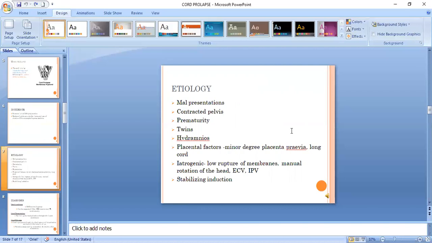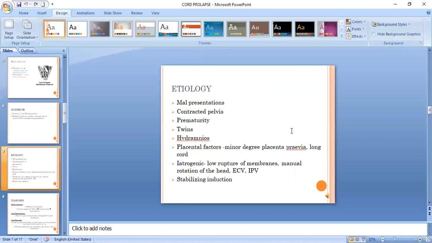Version means we are changing the lie of the fetus. If the baby is in oblique lie, then in order to do a normal vaginal delivery, we perform the version to make the lie favorable. It can be external or internal.